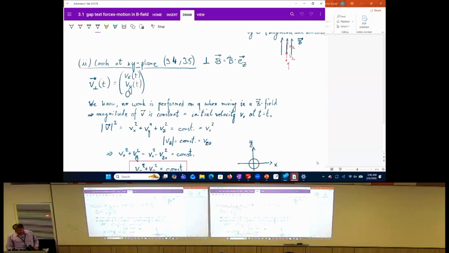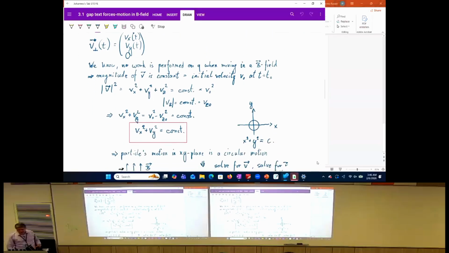And here we also concluded that because no energy is added, the total velocity has to remain constant. So the Z direction is anyway not affected, but also the velocity component in X and Y has to remain overall constant. And that means if it is changing, it has to change along a circle.